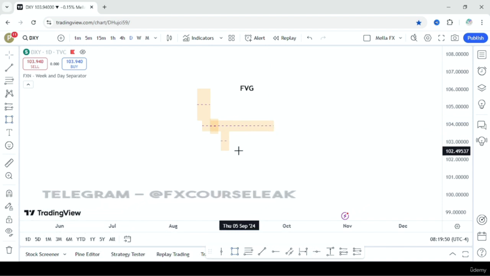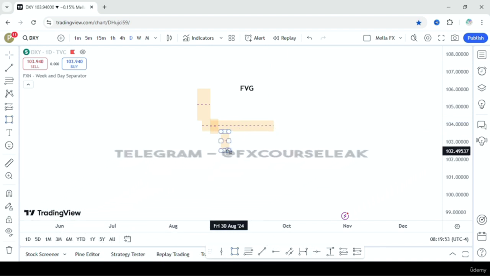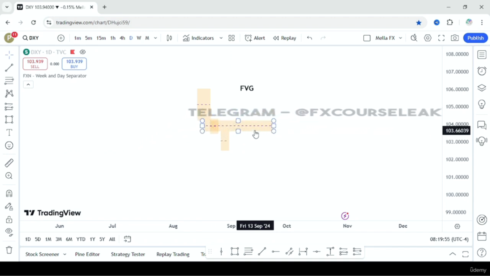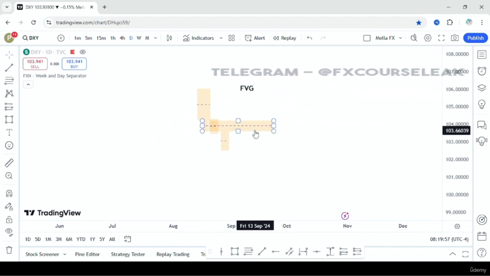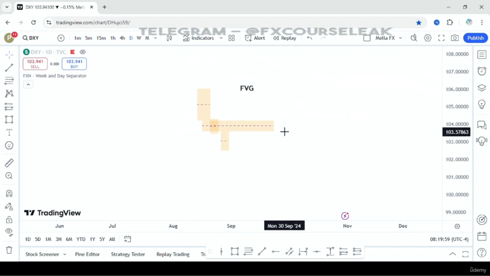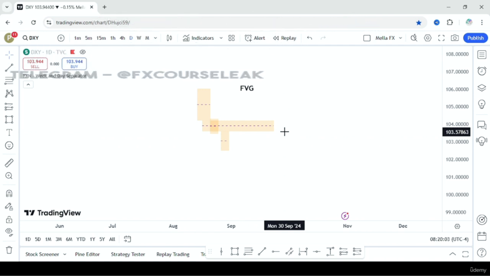Generally, what the market does is that it may come to rebalance immediately or later in future. It's not a must that it comes immediately, but it may come later in future.